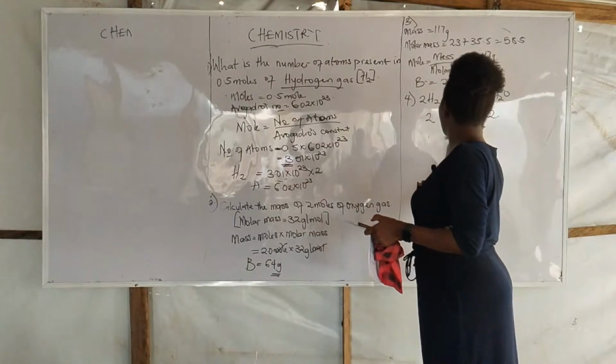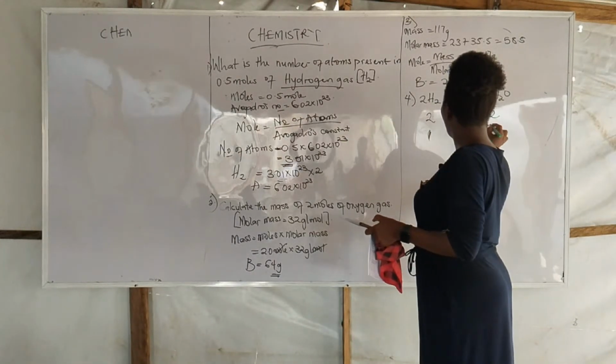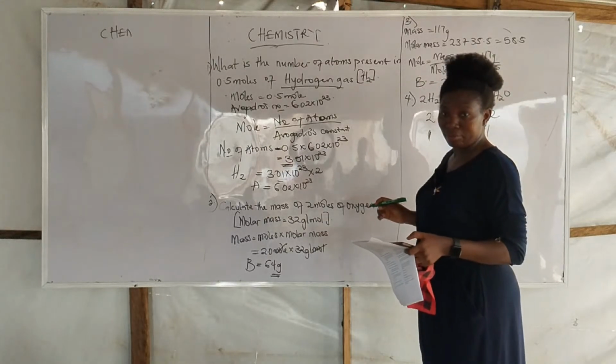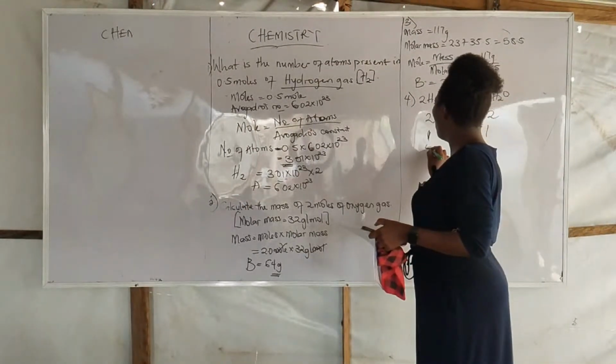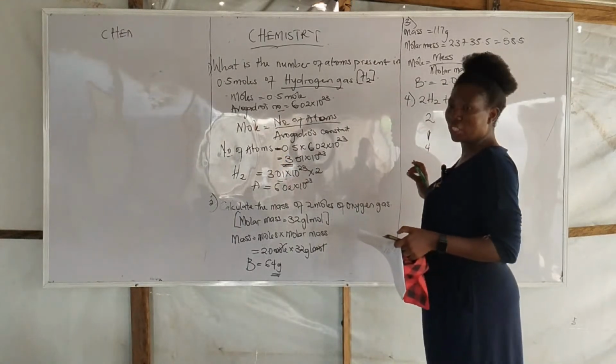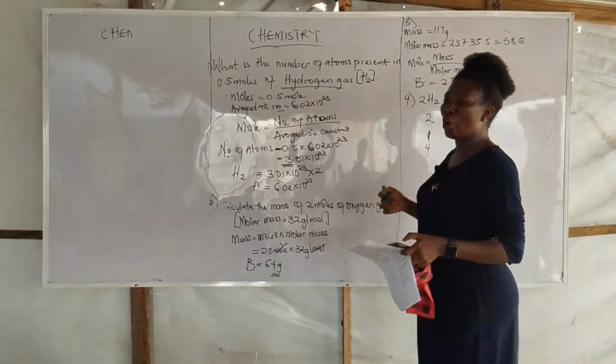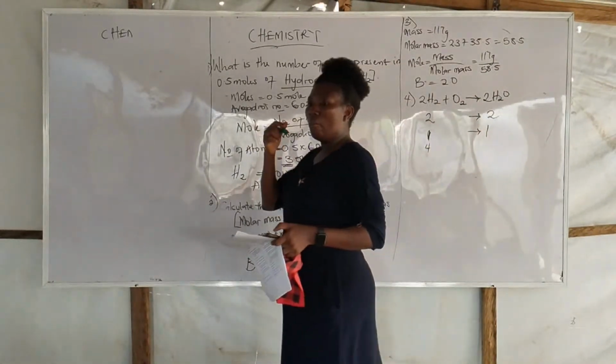Don't get confused. Let's go back. If 2 moles is this, then 1 mole of hydrogen will produce 1 mole of water. So if 4 moles of hydrogen react with excess oxygen, that will be 4 moles of water. Whenever they give you a mole ratio, bring it back to 1.